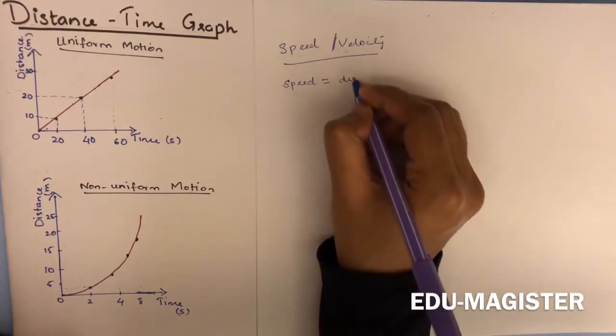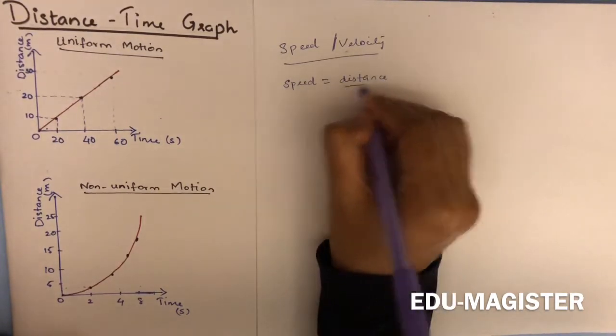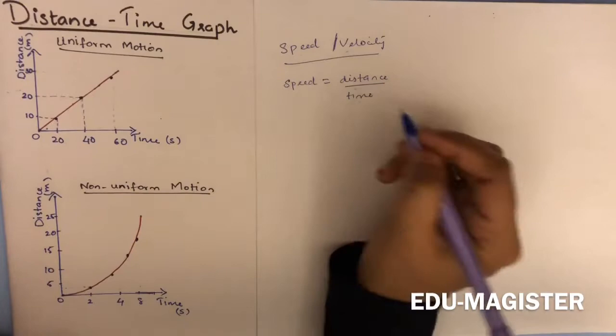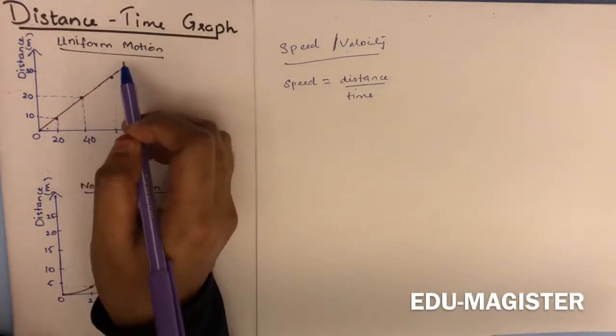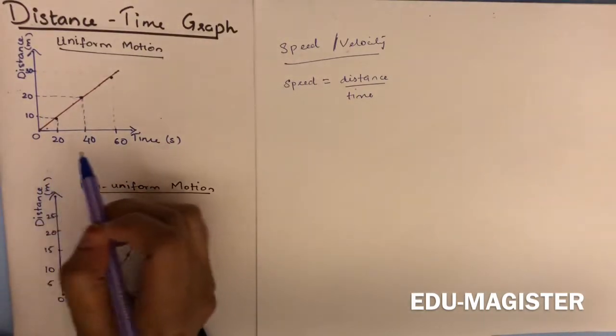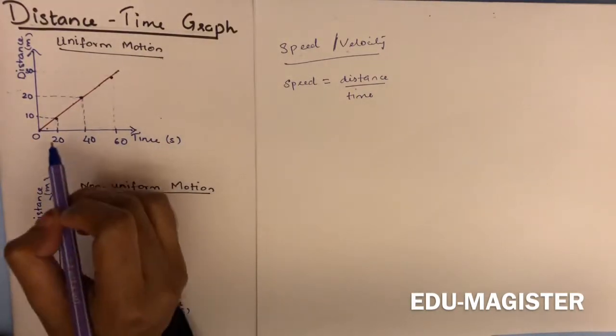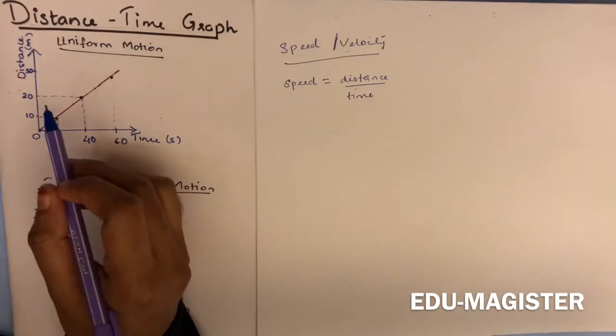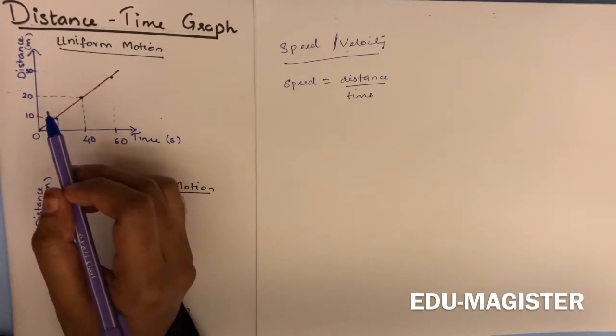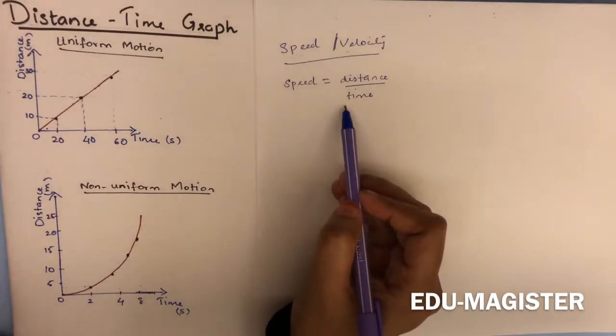Speed is equal to distance by time, right? So, here let us take the case of a uniform motion. Take any interval of time, and in that interval of time we shall see what is the distance covered and then calculate speed using this formula.